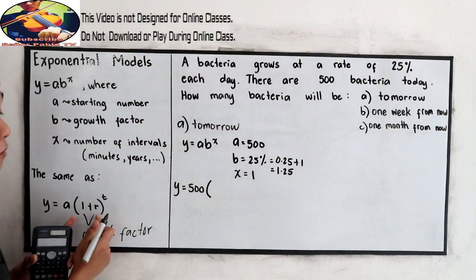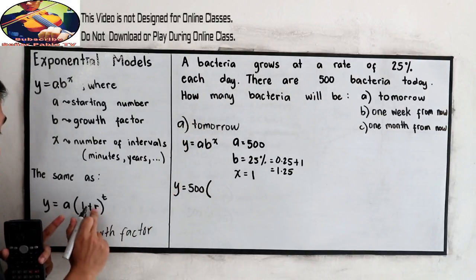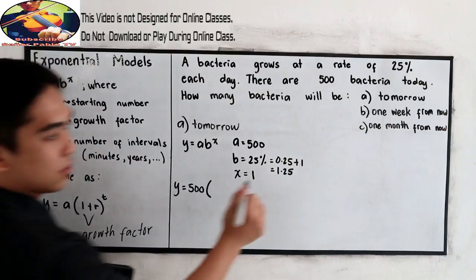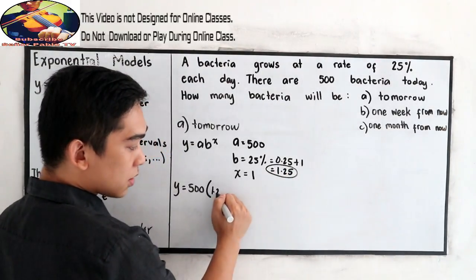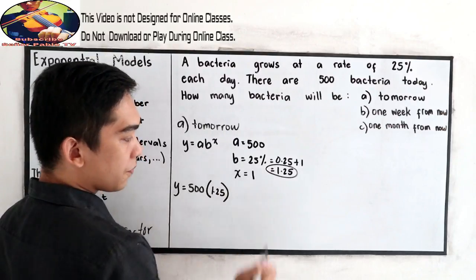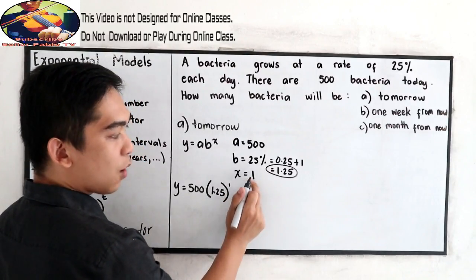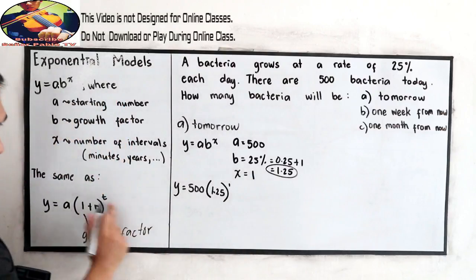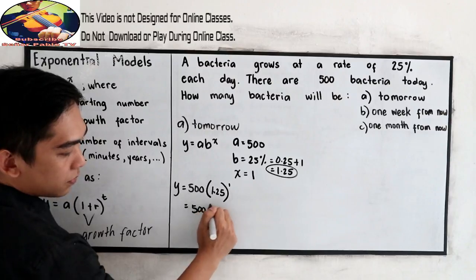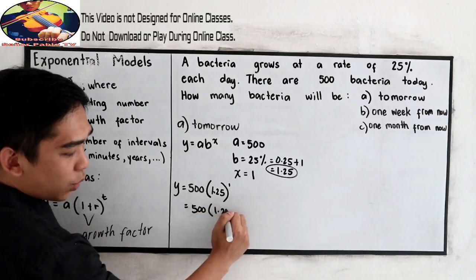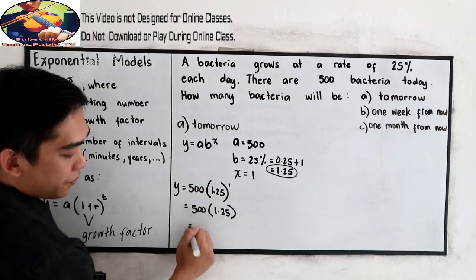If you look at our growth factor, 1 plus R, the given is R, the rate. So this will be our B, 1.25 raised to 1, our time.